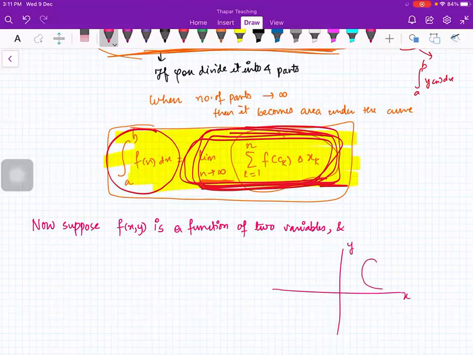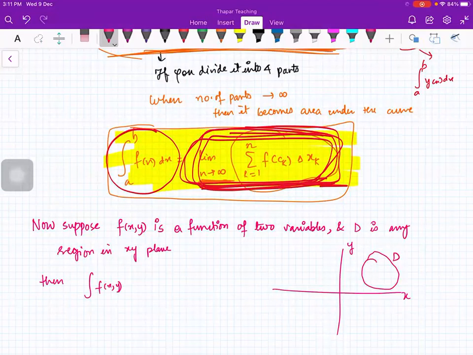And suppose D is any region in the xy plane, this is your D, then this integral, we will write it like this, f(x,y) dA over the region D.